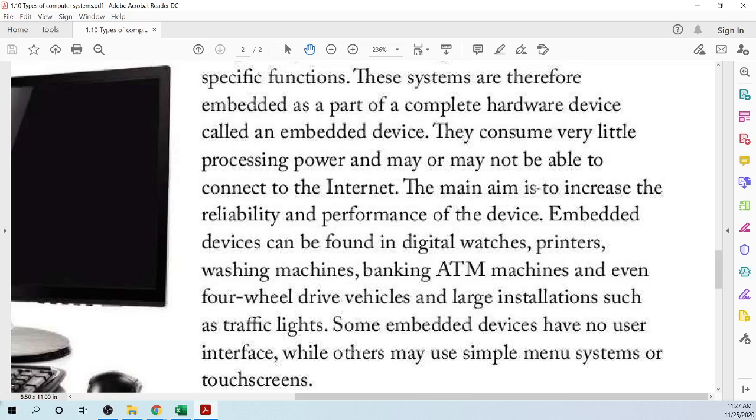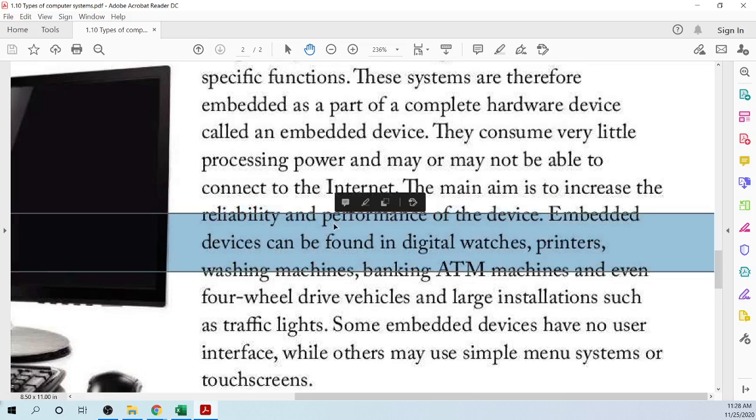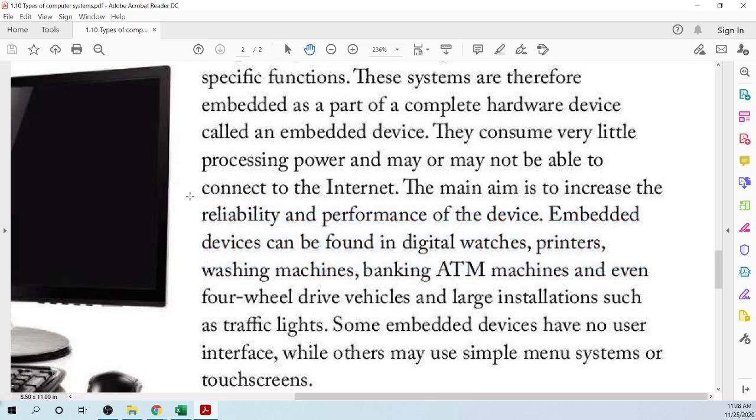Now, the main aim of the embedded system is to increase the reliability and performance of the device. By designing it only for a specific task, you can basically master that task. So you can get better and better at doing that task, and thus it is more reliable and has better performance.